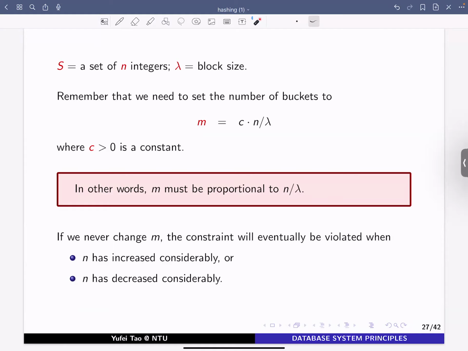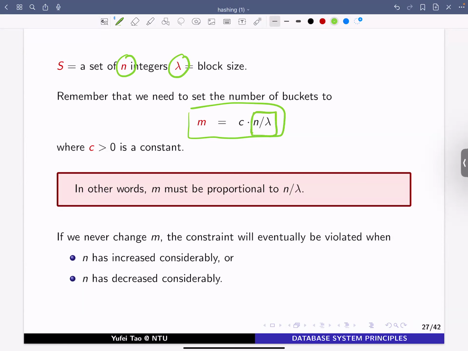Well, as I said earlier, if you have n integers, and if the block size is lambda, at all times, you want to make sure that the number of buckets is at the order of n over lambda.